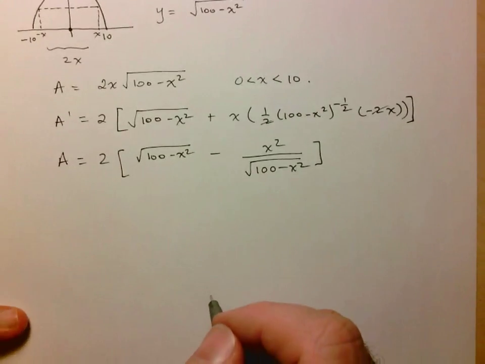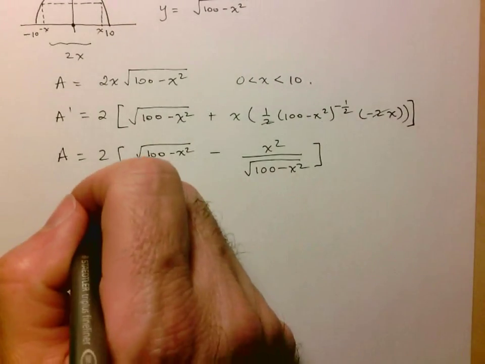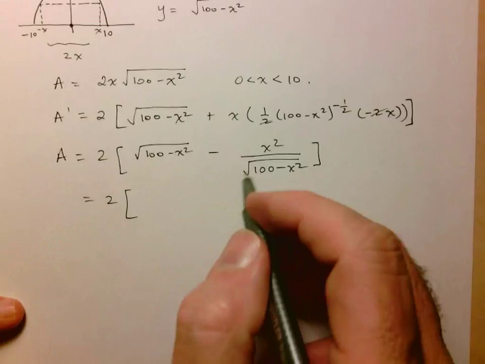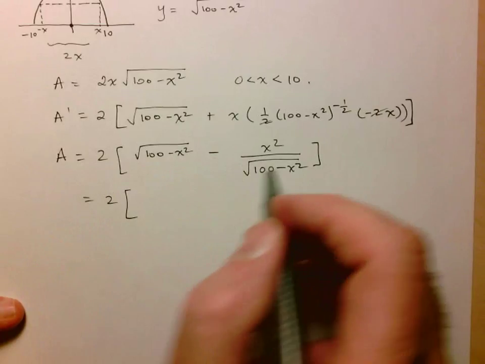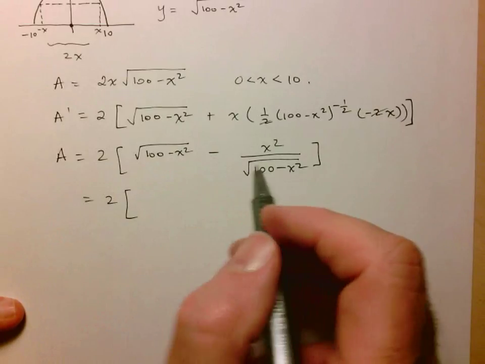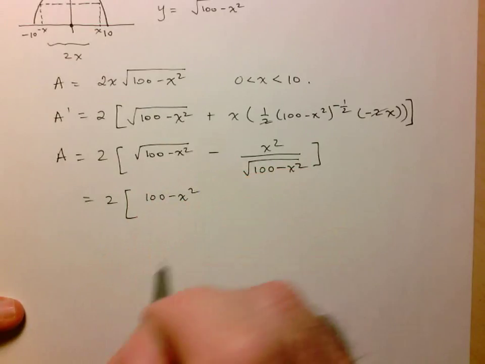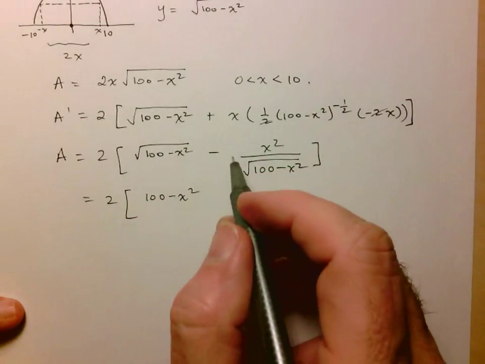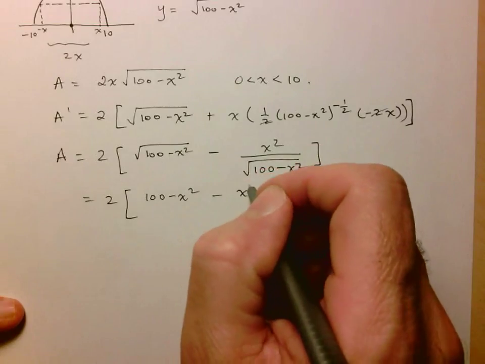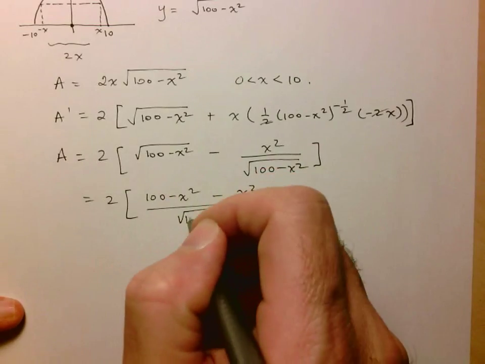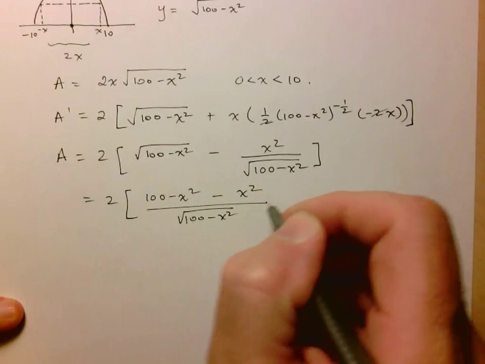In order to solve this, let's bring everything to one denominator. So use the root of 100 minus x squared as the common denominator. So multiply to that here, I just have 100 minus x squared. And then here minus x squared all over the square root of 100 minus x squared.